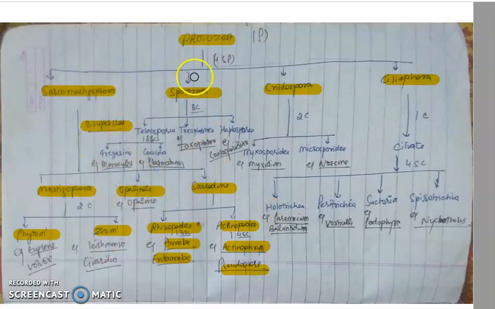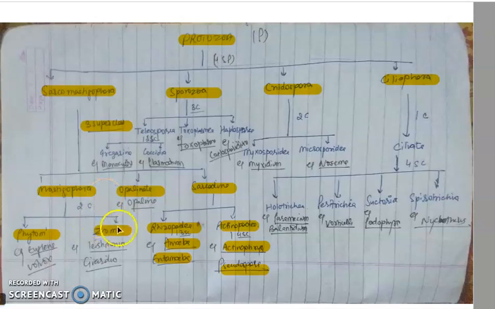Okay, the second subphylum is Sporozoa. The general characters of Sarcomastigophora or Mastigophora are that their body is covered with pellicle. The locomotory organelles present are generally flagella, and asexual reproduction occurs by binary fission.